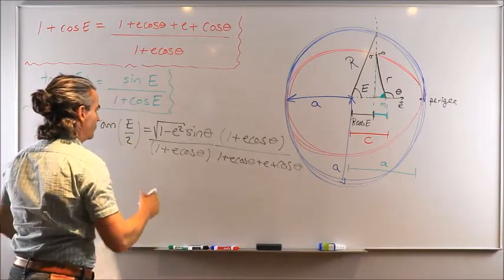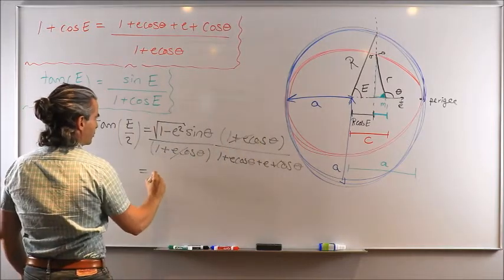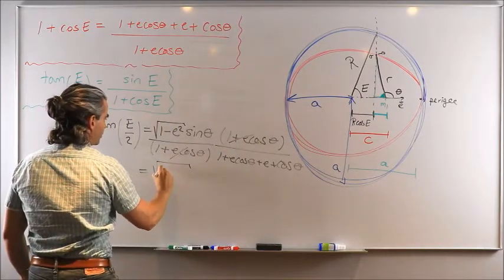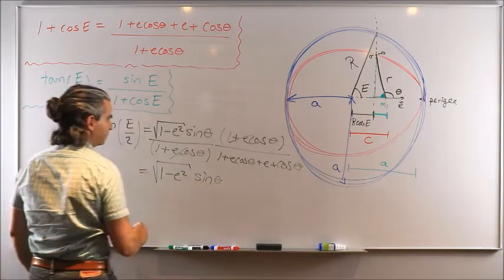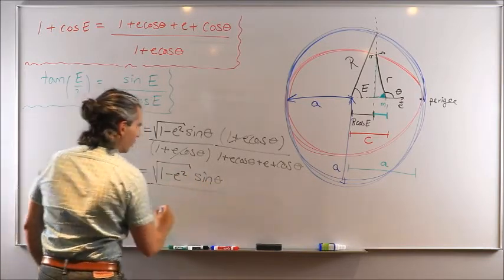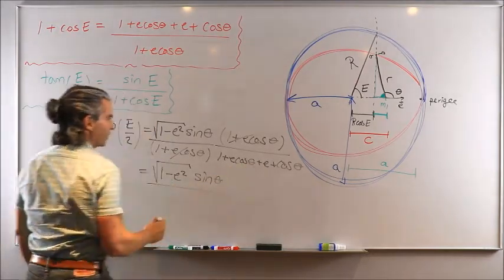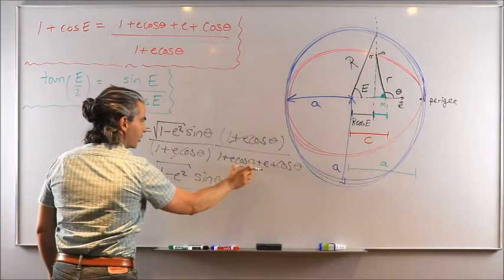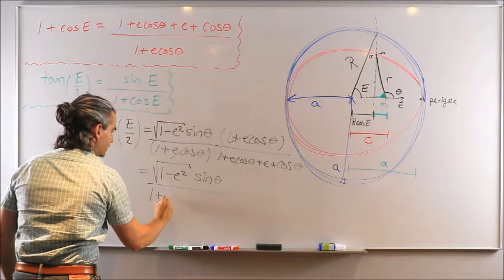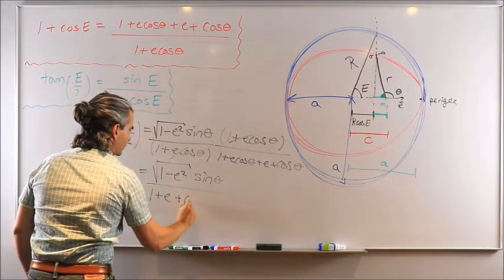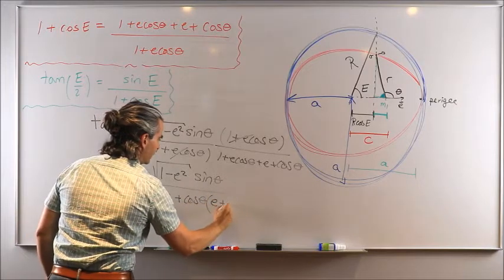So right away, we can easily cancel those two terms and just rewrite it as square root of 1 minus e squared sine theta over. So here on the denominator, what I'm going to do right away is to factor out my cos theta out of those two terms to write 1 plus e plus cos theta that multiplies e plus 1.